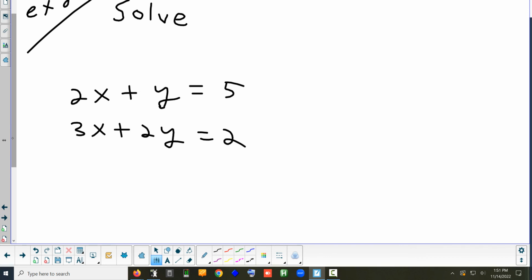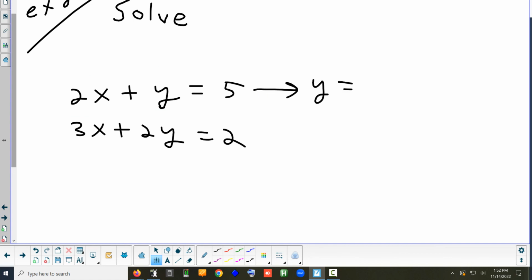So let's do substitution. First, pick an equation and then pick the variable that you think is easiest to solve for. I think there is one variable here that's easier than all the others to get by itself. So what is your goal here? In which equation? Yes. I would get y by itself in the top.